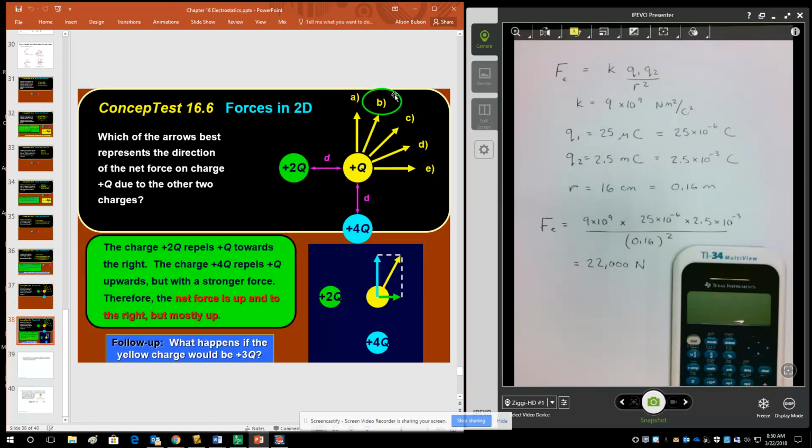I hope you answered either B or C, because we know that both of these pairs will repel. So we should have a repulsion up from the blue charge below and a repulsion to the right from the green charge to the left. So we should be in this range. However, the repulsion of the blue charge with the yellow charge is much larger, twice as large, as the repulsion of the green charge and the yellow charge. So we should have a force that's a bit more up than it is to the side, and B is the best choice.